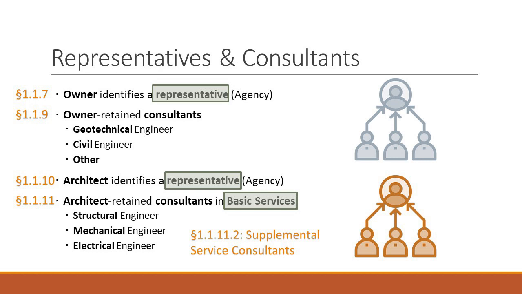And then finally on the slide, under basic services, which we'll get to in greater detail in Article 3, are what every architect is going to provide under a traditional owner-architect agreement. That includes, obviously, the architectural services, the creative design, but under a traditional architect's basic services they are also required to do structural engineering, mechanical engineering, and electrical engineering.